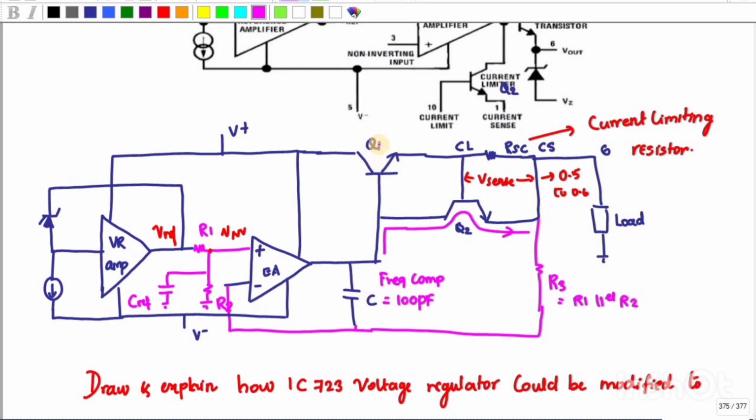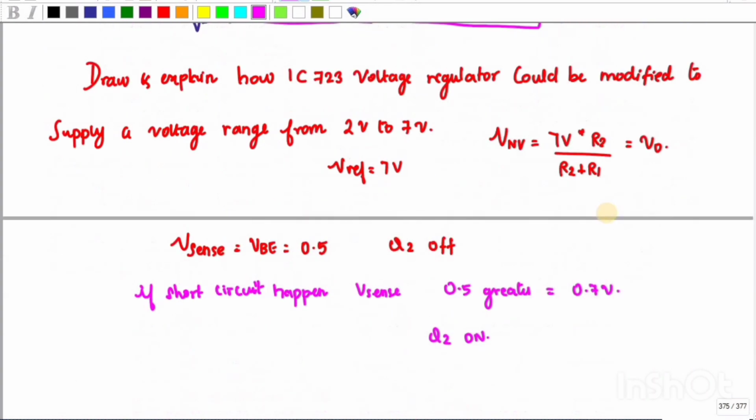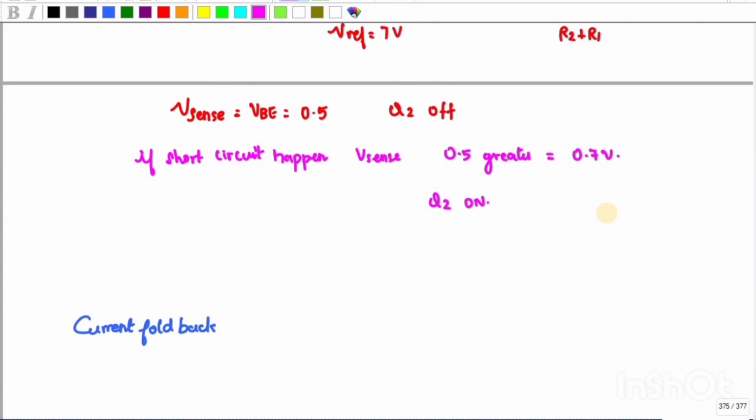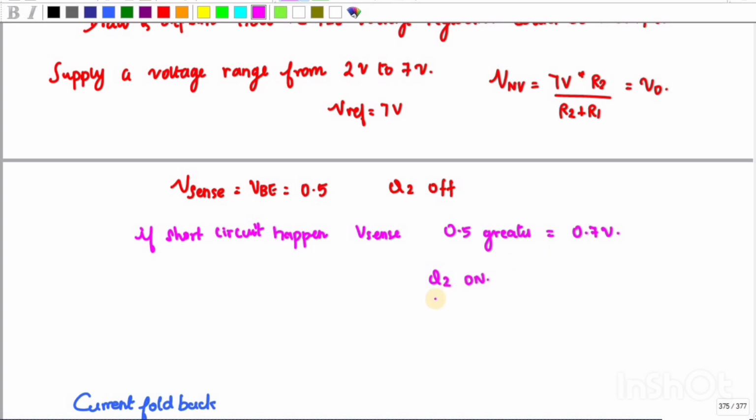So if the Q1 transistor is off, the maximum voltage will not reach the V load. So this will act as a short circuit protection, right? If Q2 is on, Q1 goes to off state, which will protect against short circuit at the load.